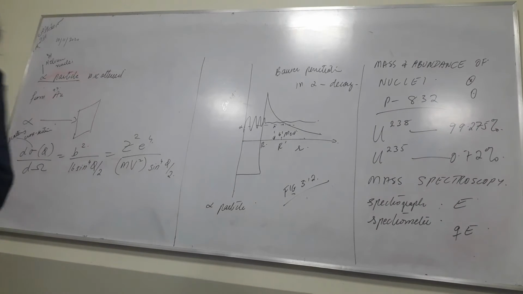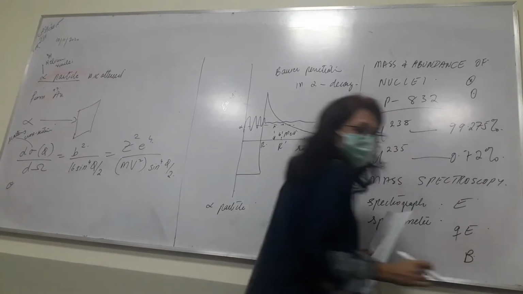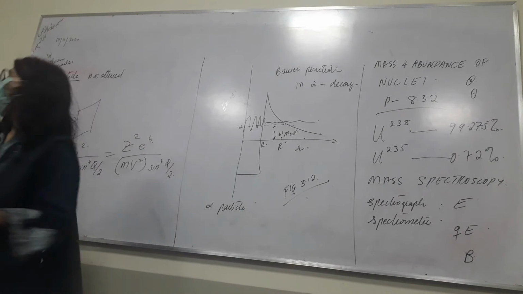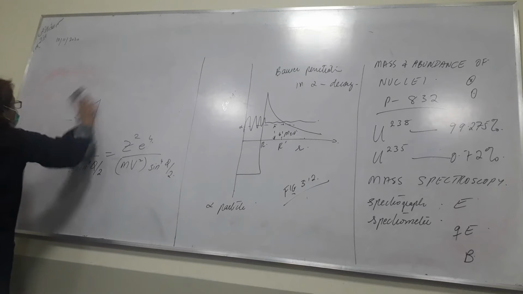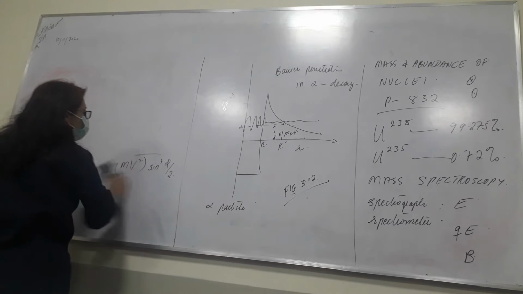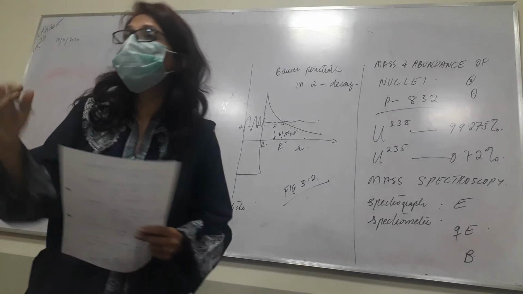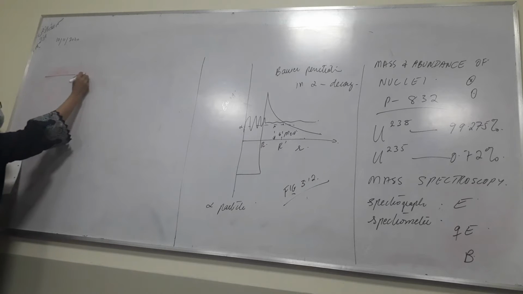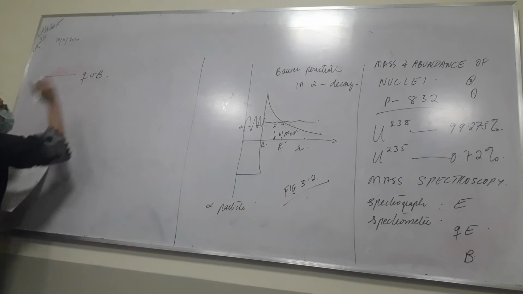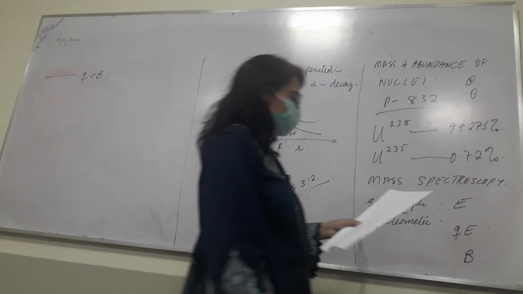And the magnetic field in this case is B. The electric field will exert a force which is QE, the magnetic field will exert a force which is QVB, right. This force will depend upon the velocity and on the charge.